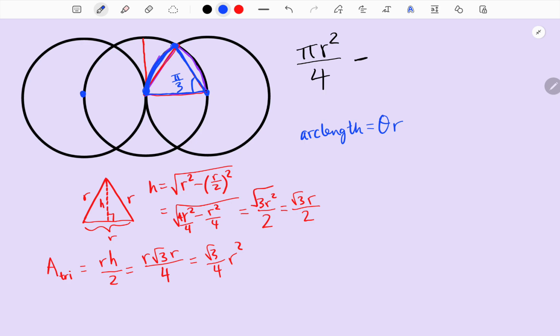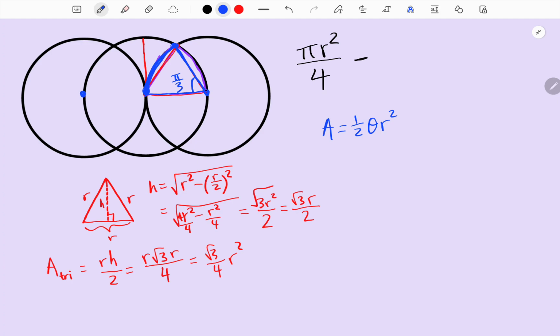We actually don't need to find the arc length for this question. We're trying to find the area, right? So we don't need this formula. The area of part of a circle is going to be 1/2 theta times r squared, I believe. Right? So how do we derive that?